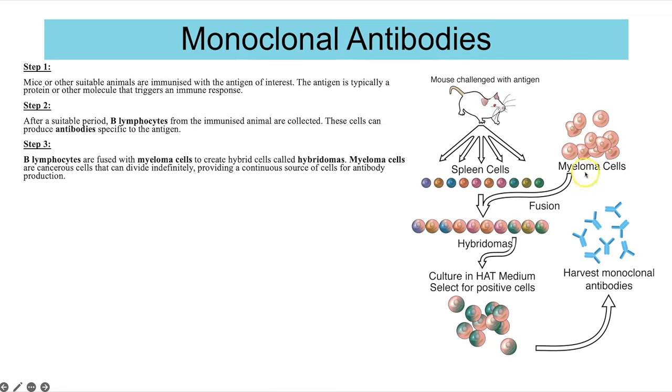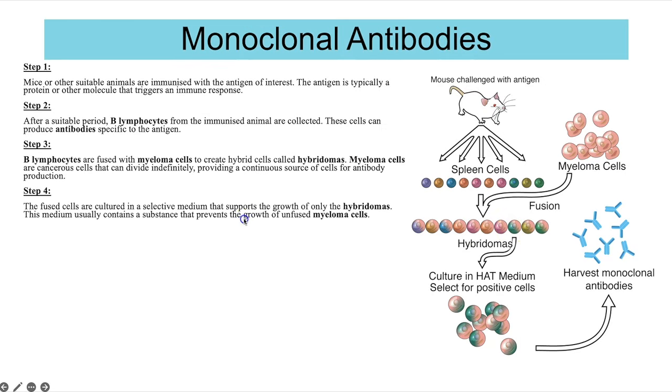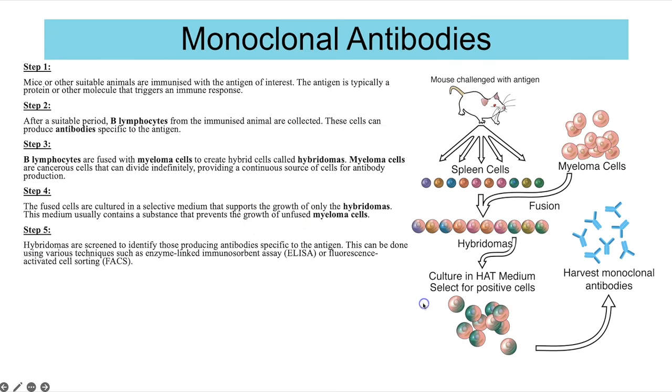Step 3 is you fuse them with these myeloma cells, which are a type of tumour cell that can rapidly divide. So that means by fusing them together and creating these hybridoma cells, we have cells that can rapidly divide but also produce the antibody of interest. So the fused cells are then cultured in a selective medium that supports the growth of those hybridomas, and the medium usually contains substances that prevent the growth of unfused myeloma cells.